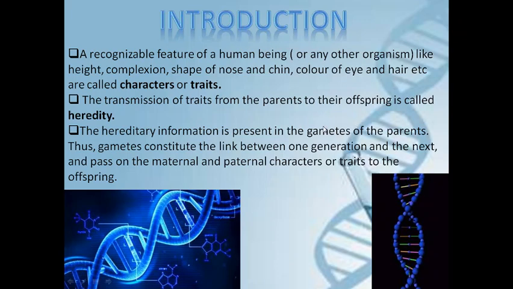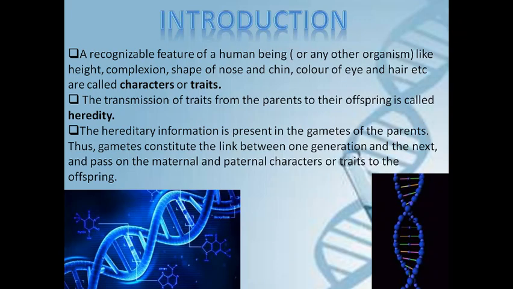For example, in human male, the gamete is sperm. In human female, the gamete is ovum, the sex cells. This means that gametes constitute the link between one generation and the next and pass on the maternal and paternal characters.